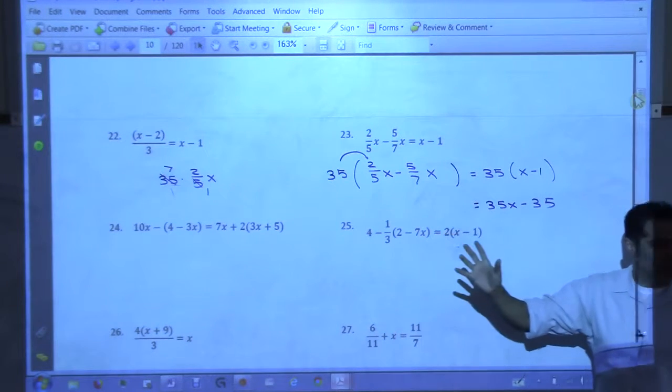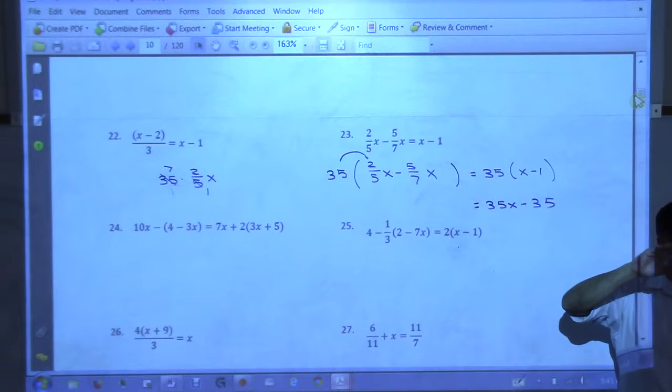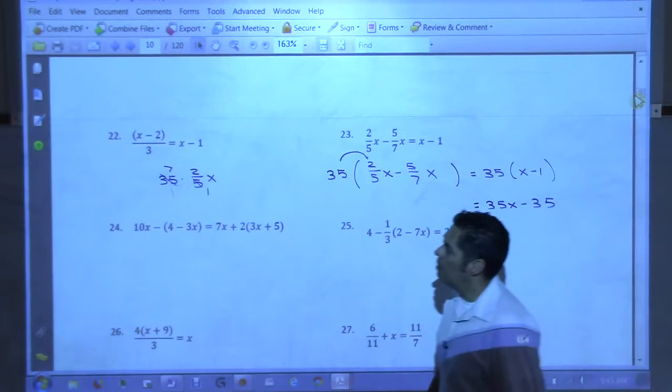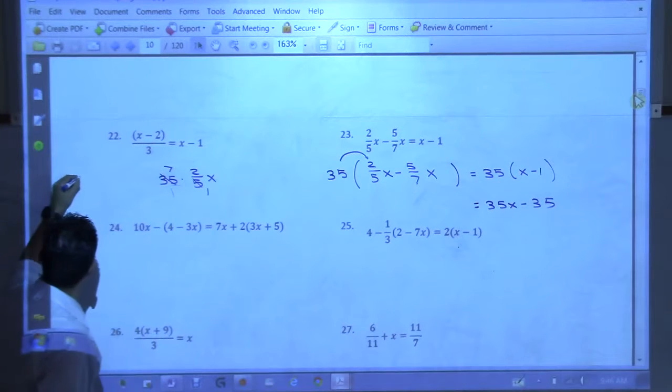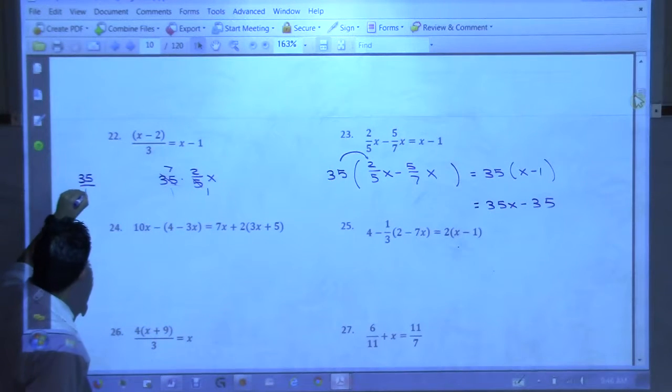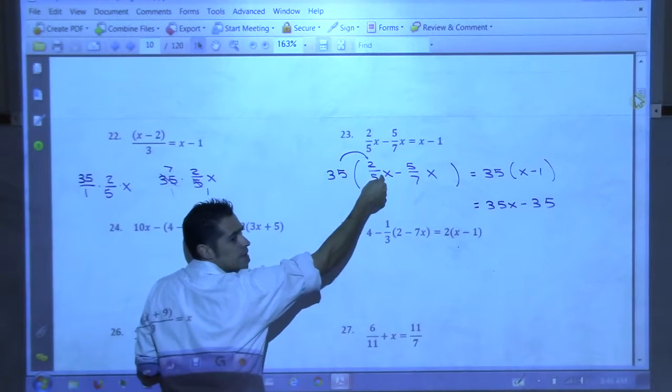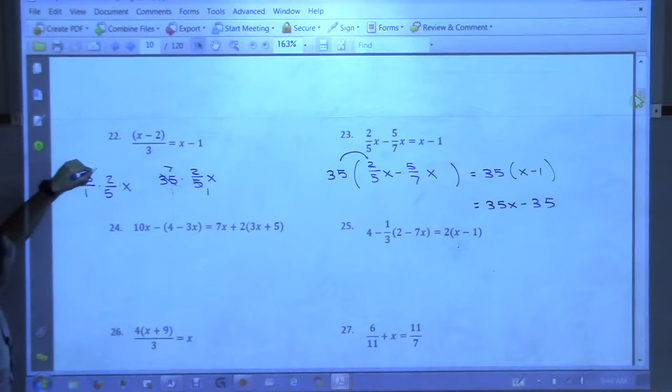Do y'all follow that? Because this is important. We're doing 35 over 1 times 2 over 5 times x. That's what this means, right? When I do this multiplication, I'm actually just multiplying two fractions, just like we did earlier.